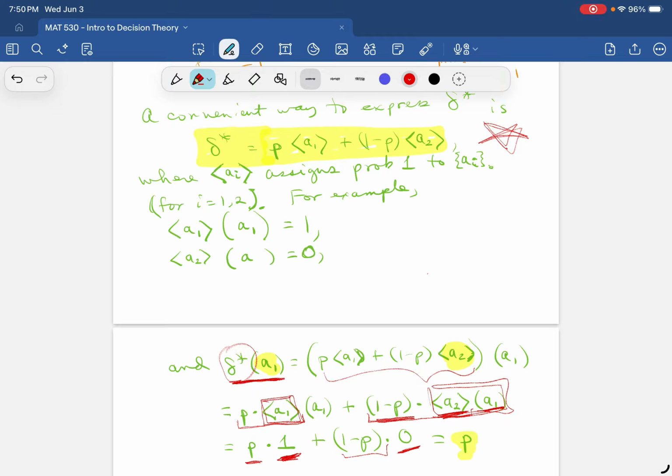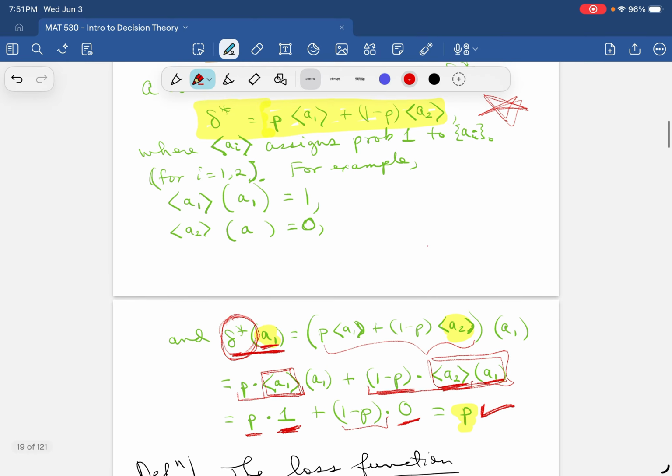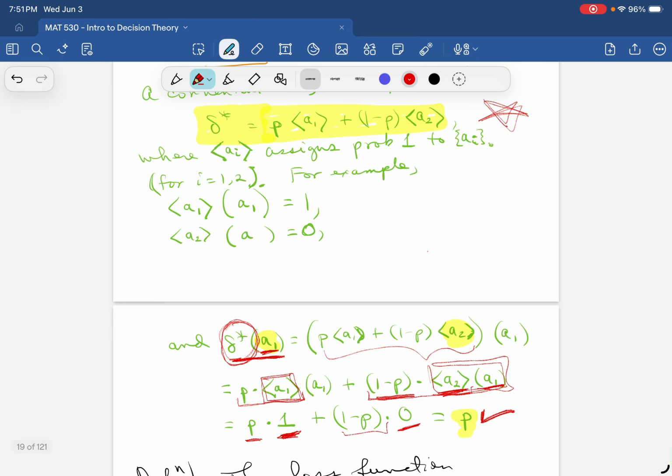So what we have is, in fact, little p, and that is what we should get, because delta star is the probability distribution which, if we have represented it correctly, should be a probability mass function which, when evaluated at a1, gives little p. And then similarly, we should be able to see that if we evaluate this at little a2, it will give us 1 minus p. And so I would encourage you to go through the steps and do that for yourself.